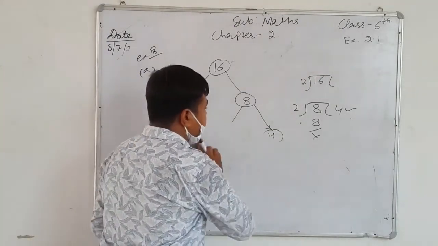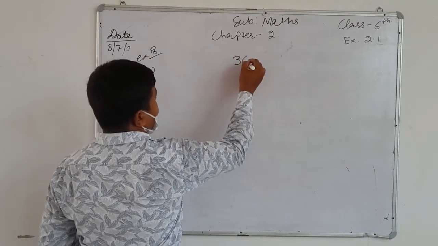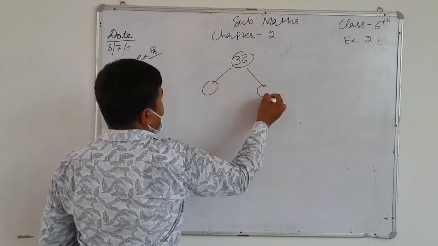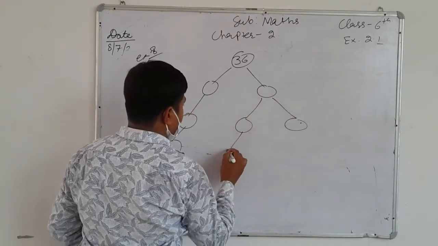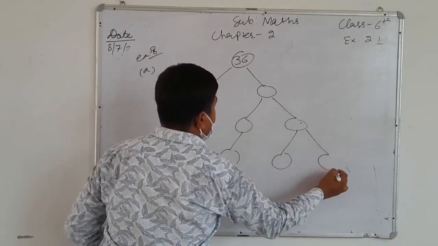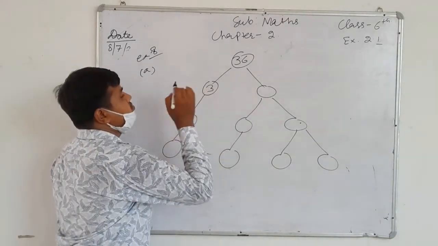Let's solve another part of this question. The second part of this question is 36. We have to solve this tree diagram. In the question we have to start by 3.